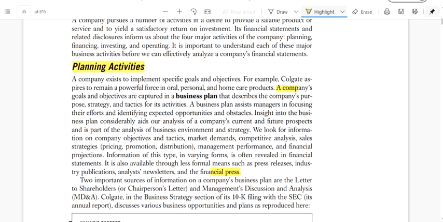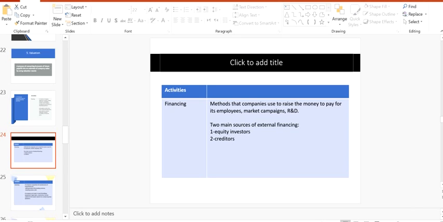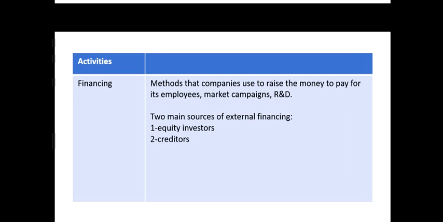Alright, so kita akan pergi kepada next activities, that is financing activities. Okay, so financing activities is a method that companies use to raise the money to pay for its employees, market campaigns, research and development.